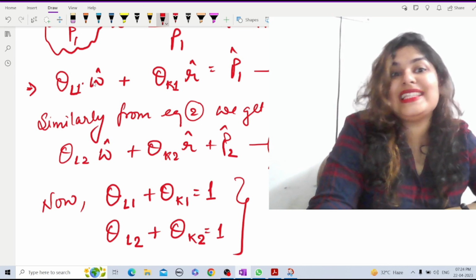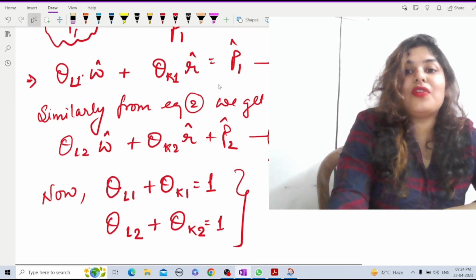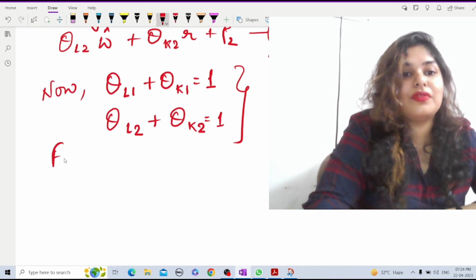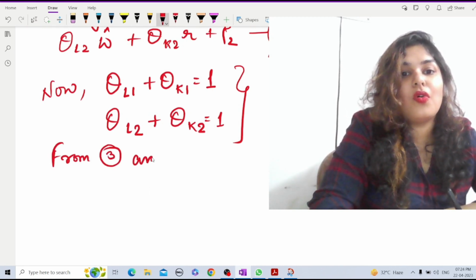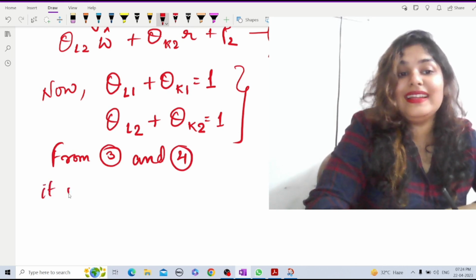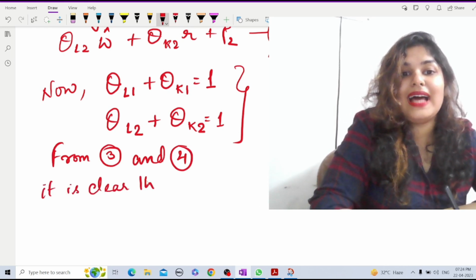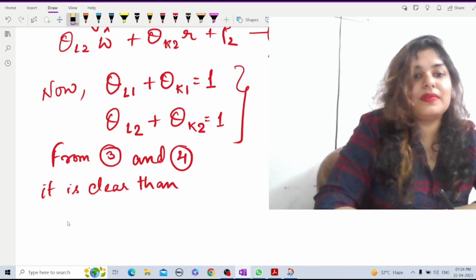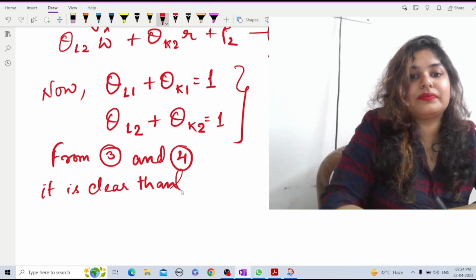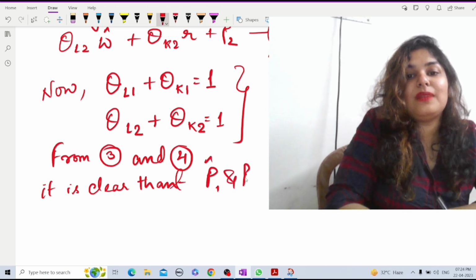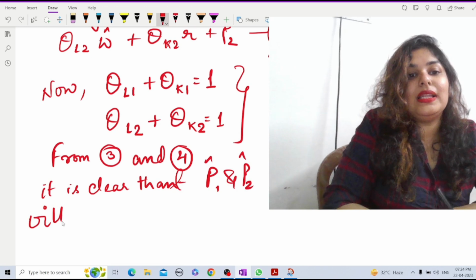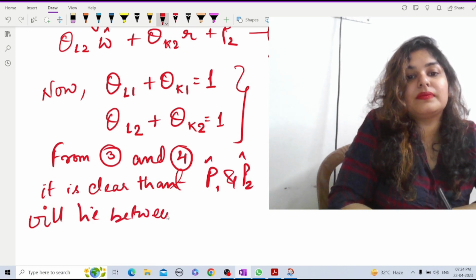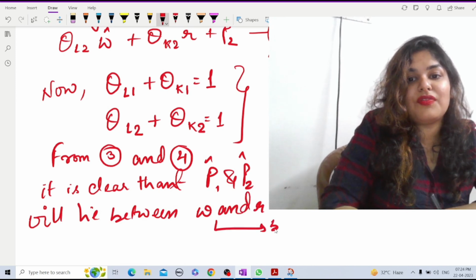So obviously it cannot exceed W. That is why, from 3 and 4 it is clear that P1 hat and P2 hat will lie between W hat and R hat. Let's say this is 5.